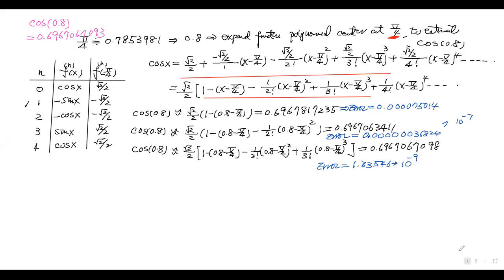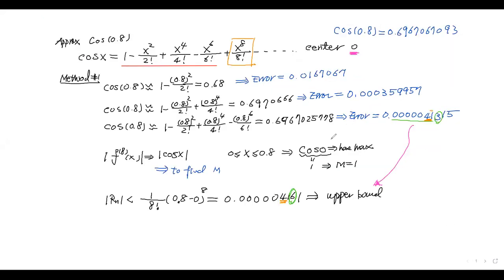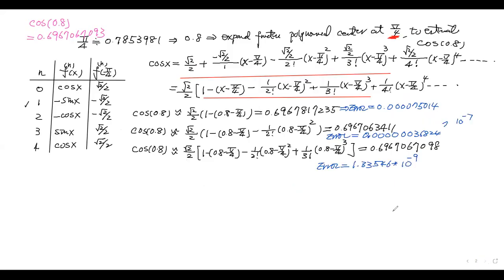So if you compare to here, this error is only to how many? 1, 2, 3, 4, 5, 6, 10 to the minus 6. And here the error is down to 10 to the minus 9. Well, that's no surprise, right? Because this is just like we did for the exponentials.